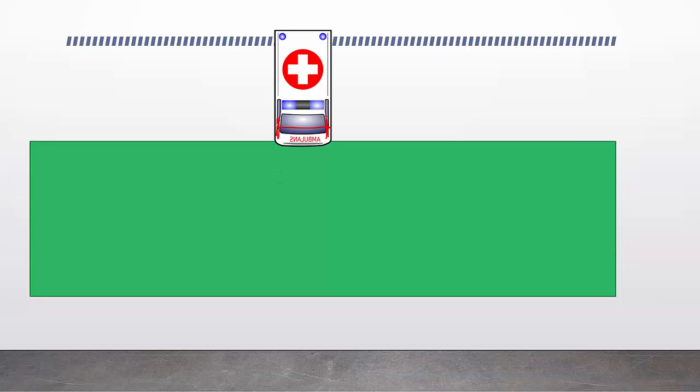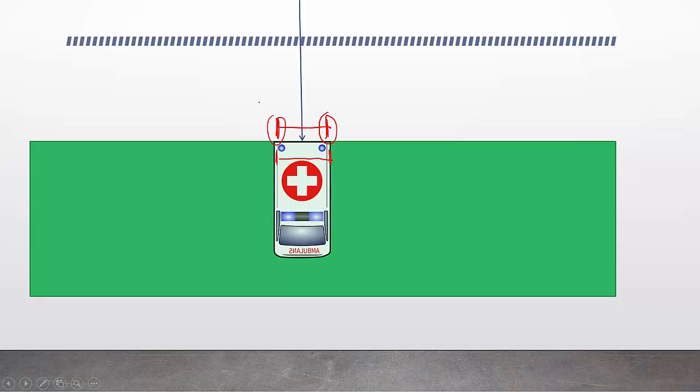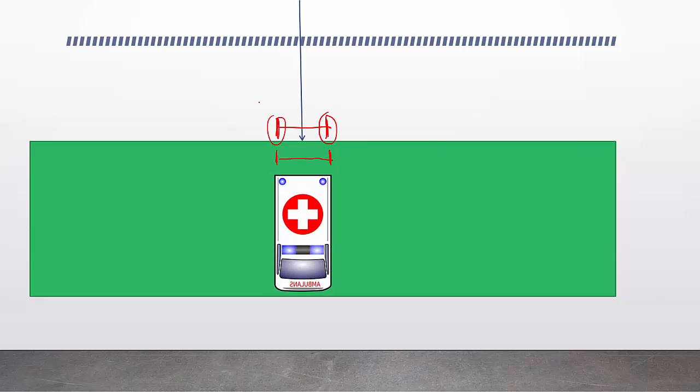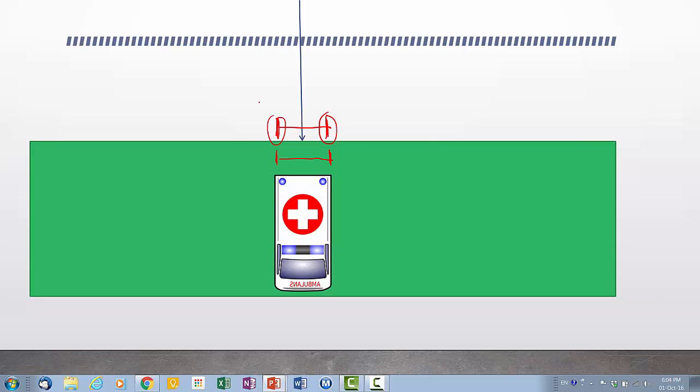This part is slow, this part is slow, so they will still travel in the same manner. So if the ambulance goes head on, straight into the rough path, it would just continue to travel in the same direction. But the speed is of course still affected, it travels slowly.